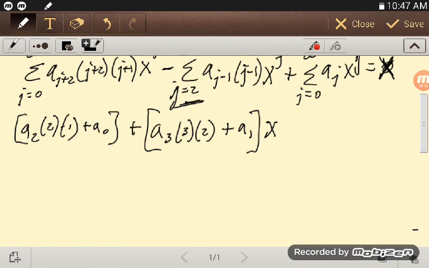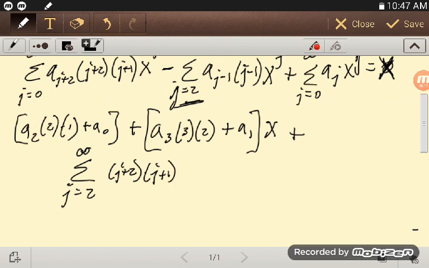So I have that. Now I'm up to the j equals 2 and higher terms, so plus the sum j equals 2 to infinity. And now I'm going to put all those things together, so I have my j plus 2, j plus 1, a sub j plus 2.